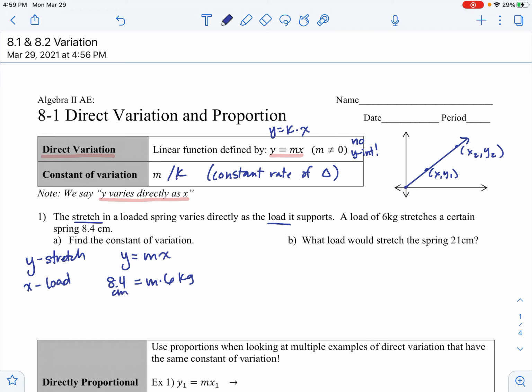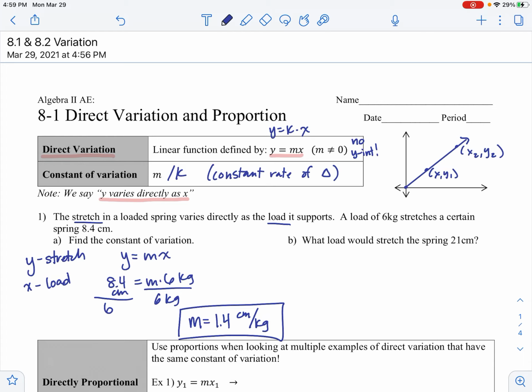When I divide to get m by itself, I'm going to divide by 6 on both sides. I get that the constant of variation here, or in this case my slope, would be 1.4. What is that 1.4? That is 1.4 centimeters per kilogram. So it's kind of giving you that constant rate for how much this spring can handle.